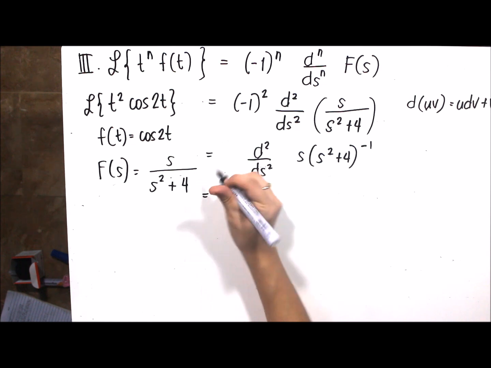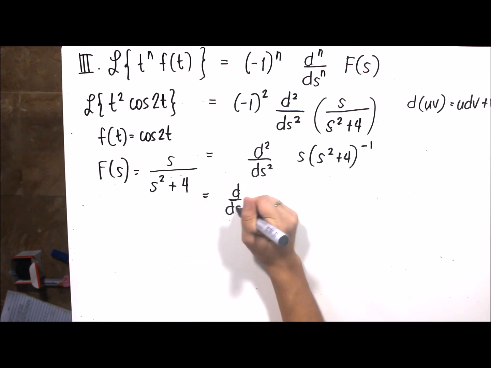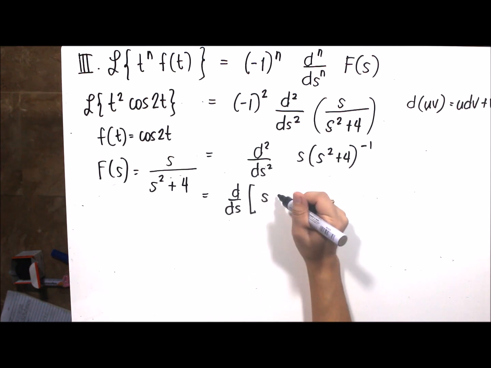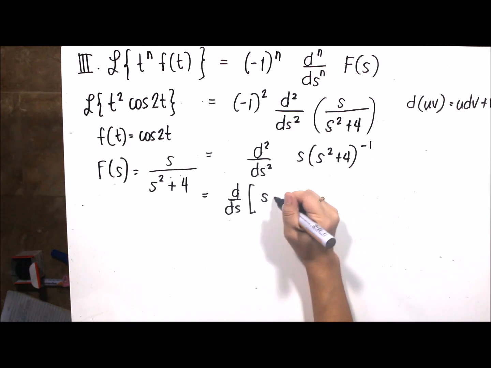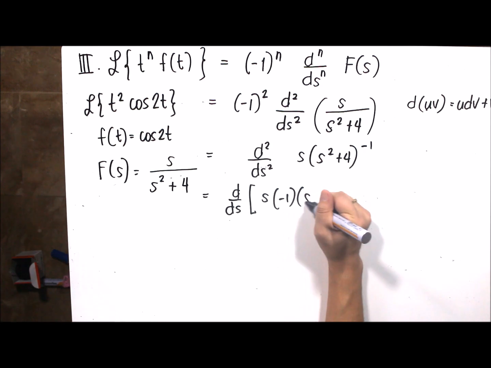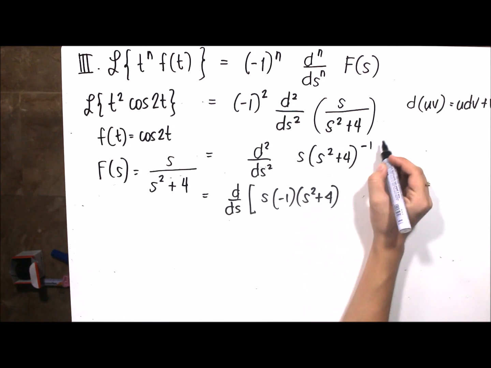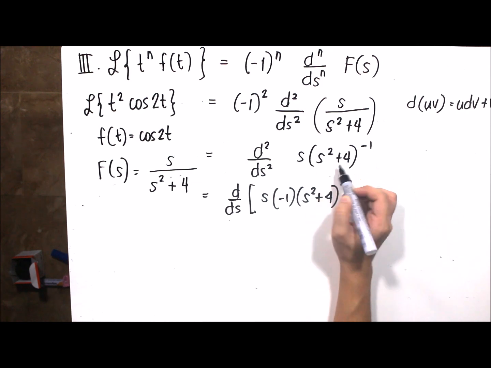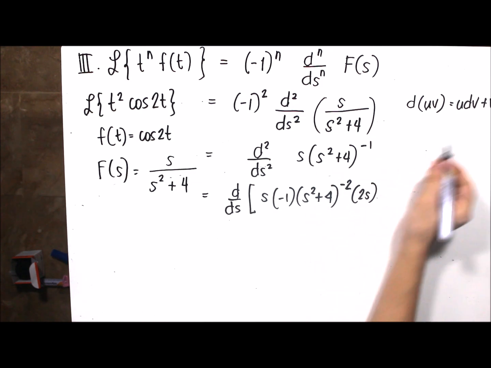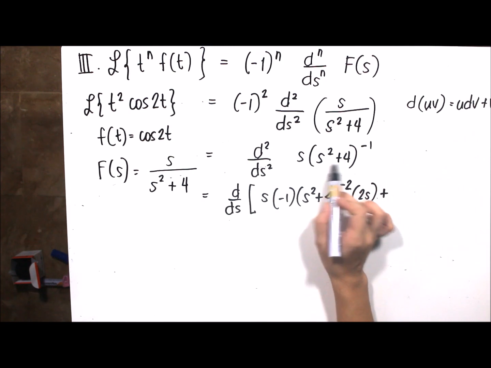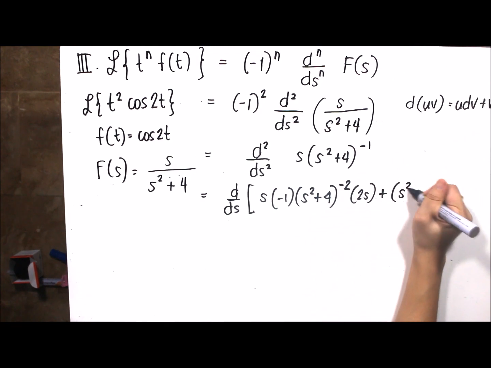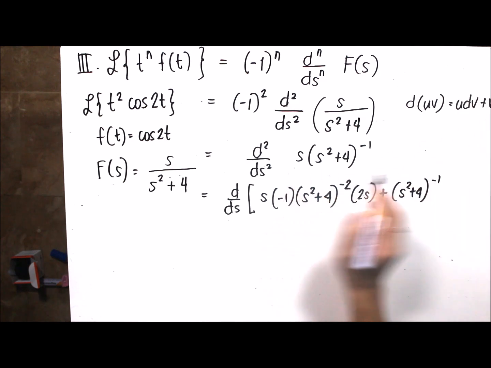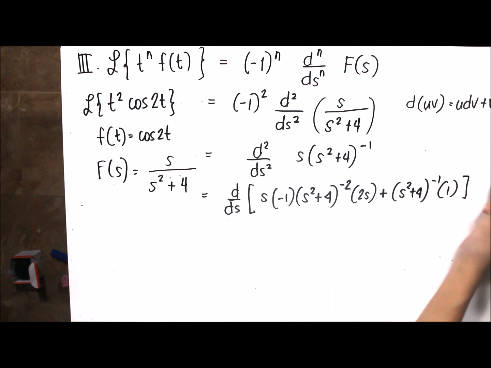So for this example, upon applying the first derivative, we have u, which is s, times the derivative of the second term. So you have negative 1, copy the base, s squared plus 4, minus 1 here, so you have negative 2. And then derivative of the base, so we have 2s, plus the second term, s squared plus 4 raised to negative 1, times the derivative of the first term, which is equivalent to 1.